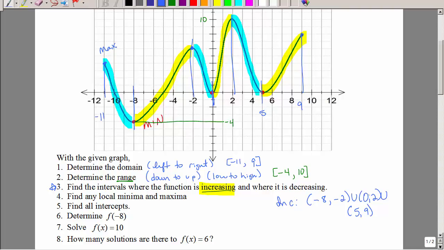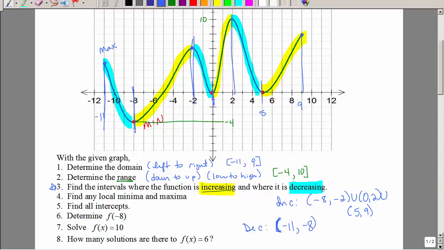So remember, that's where the x values, so the domain or the x values where the y values are increasing or decreasing. Right, now let's look at the decreasing part. And remember, those were the parts that I shaded in light blue. Right, so decreasing would go from negative 11 to negative 8, from here to here.